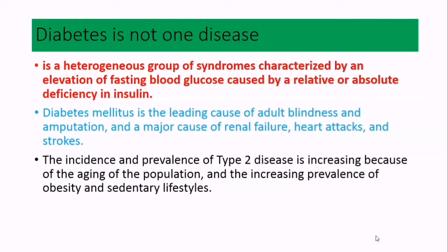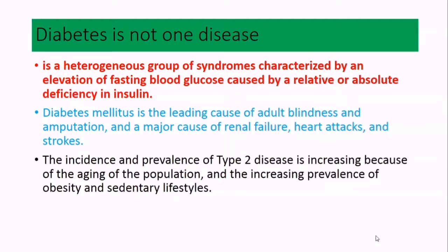Okay, diabetes is not a single disease. It's a heterogeneous group of syndromes characterized by an increase in the fasting blood glucose caused by relative or absolute deficiency in insulin. This definition is very important because it tells that diabetes is not the name of a single disease.